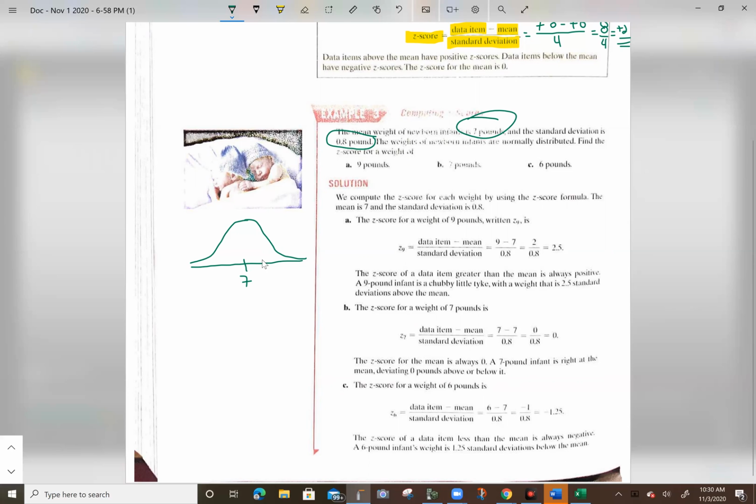So we're going to start with 7, and then +1 is going to be 7.8, 2 is going to be 8.6, and 3 is going to be 9.4.